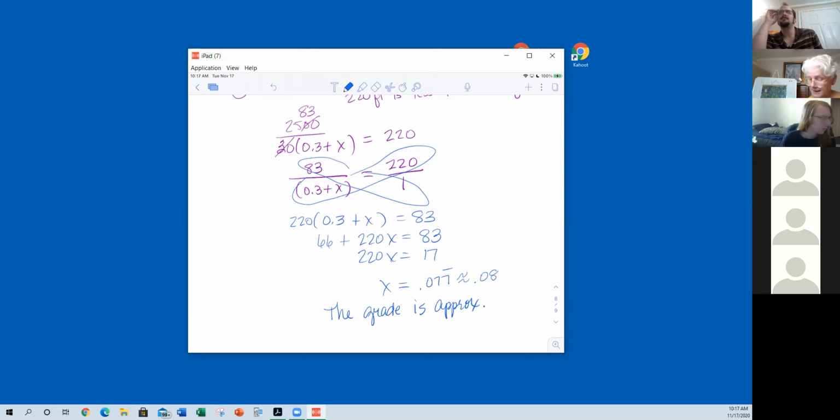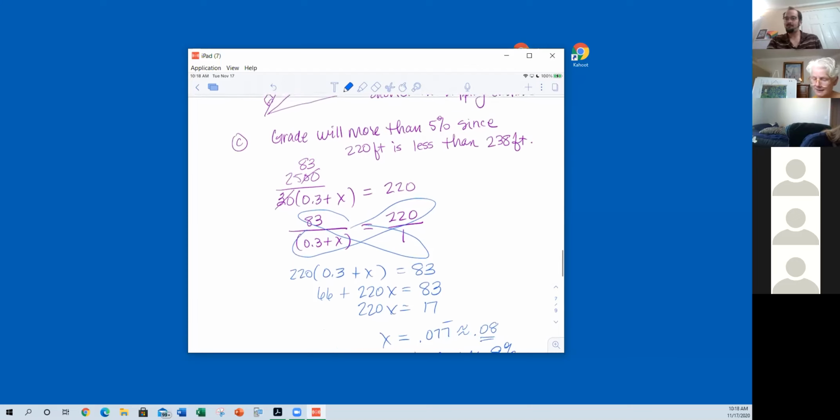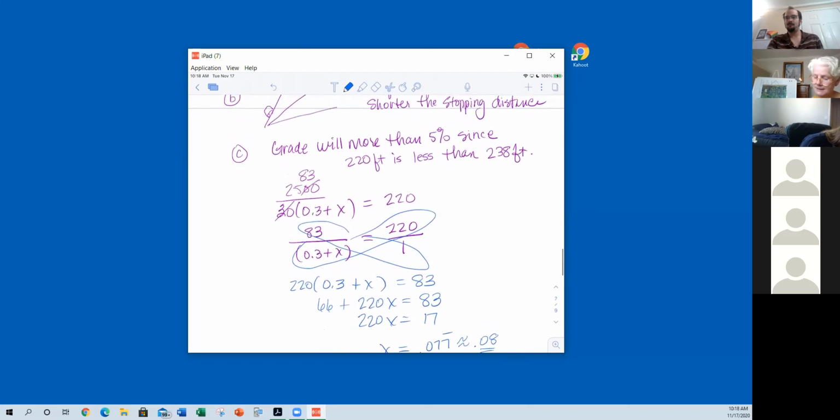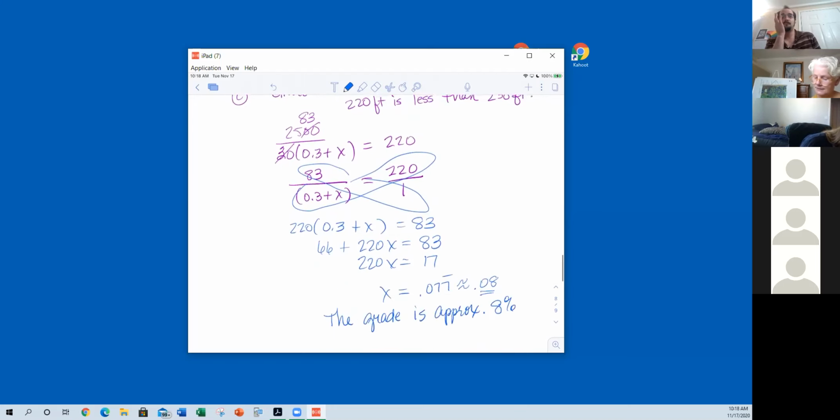You could put 7.7 or approximately 8%. I'd take either one. Anything close to that. And does that make sense? We knew the grade was going to be more than 5%. So that makes pretty good sense to me.